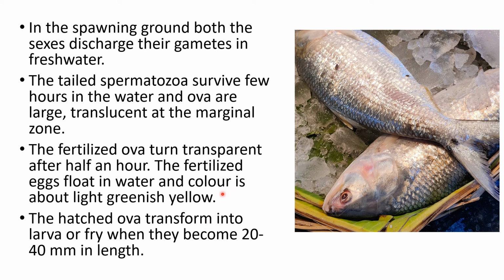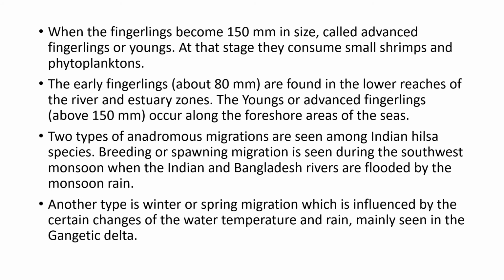The hatched ova transform into larva or fry, and they become 20 to 40 millimeters in length. When the fingerlings become about 15 millimeters in size, they are called advanced fingerlings or youngs, and at this stage they consume small shrimps and other plankton as food.